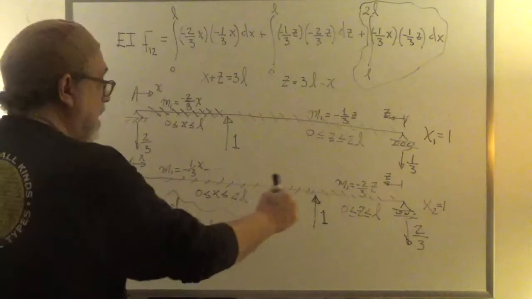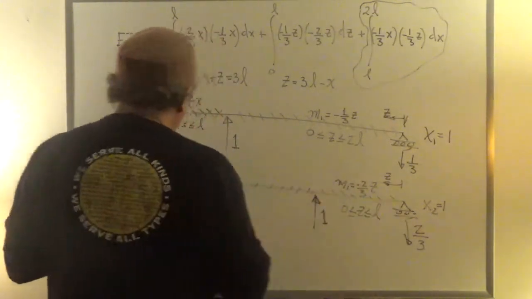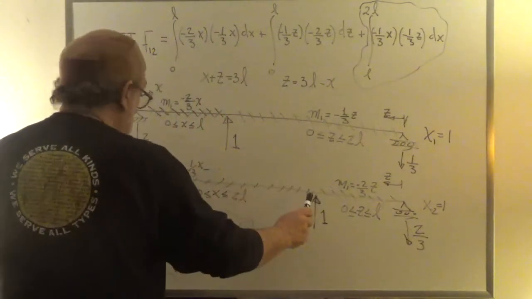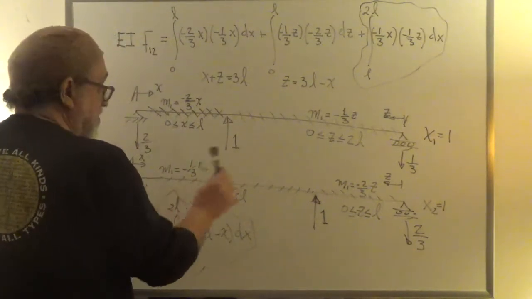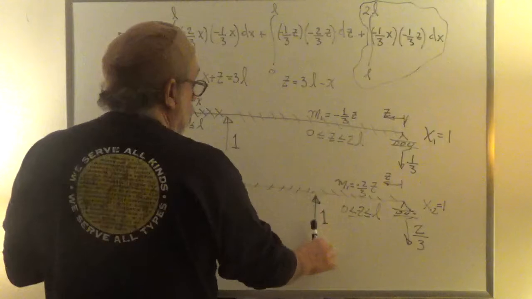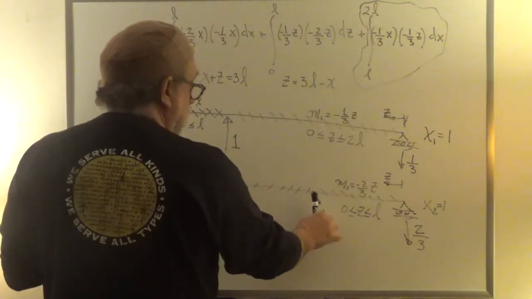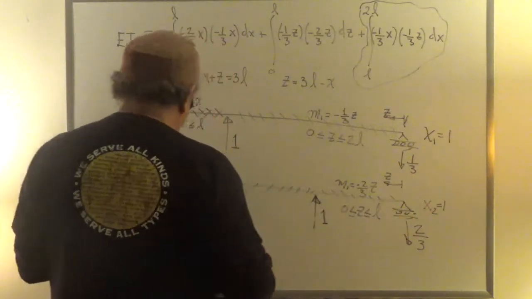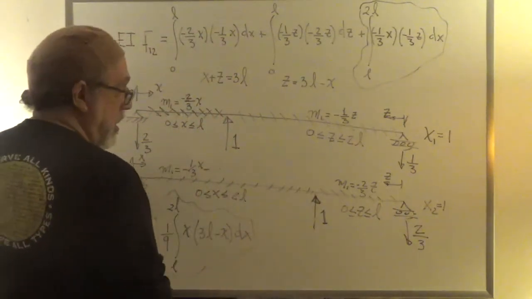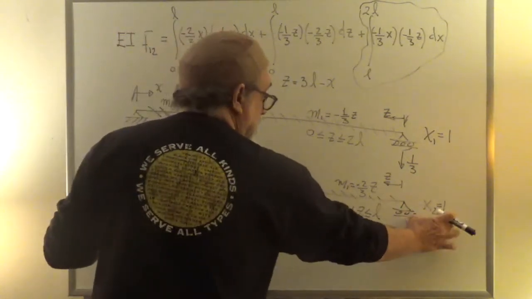We now take a look at our second beam. And in our second beam, we have the same situation, right? There is a 1 kip load here, and we have the beam here, and the reaction here is 1/3. The reaction here is now 2/3.